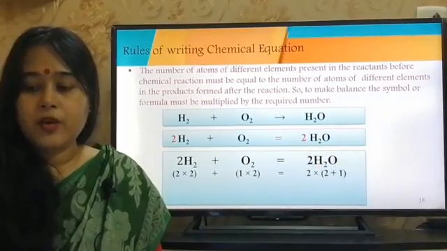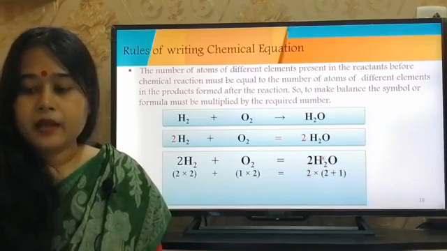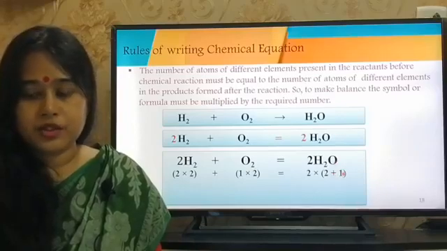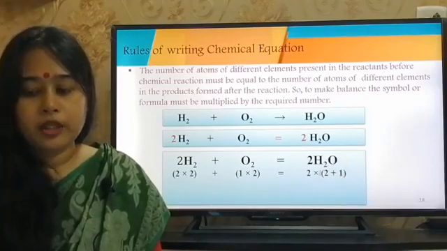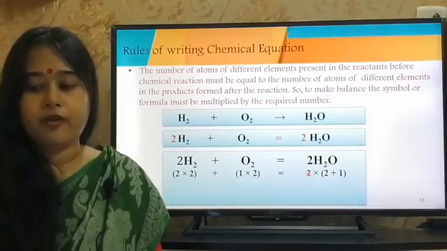On the product part we have 2 molecules of water. Here you can see this 2 indicates the 2 molecules of water, and in 1 molecule of water we have 2 hydrogen atoms plus 1 oxygen atom. So 2 plus 1, this is in 1 molecule of water, and into 2, this 2 is for 2 molecules of water.